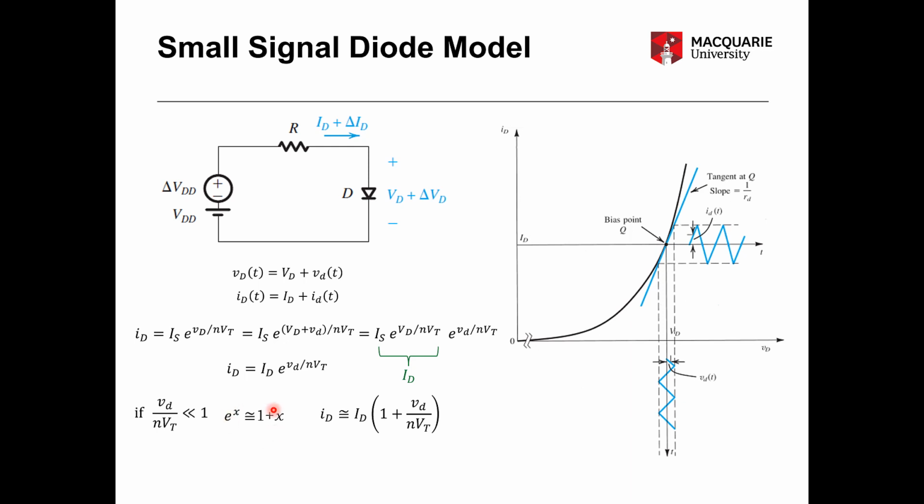So using that for the above expression here, we get that our instantaneous ID is approximately equal to the large signal ID times 1 plus VD over NVT. And of course, we can then just multiply out the brackets to get this term here.